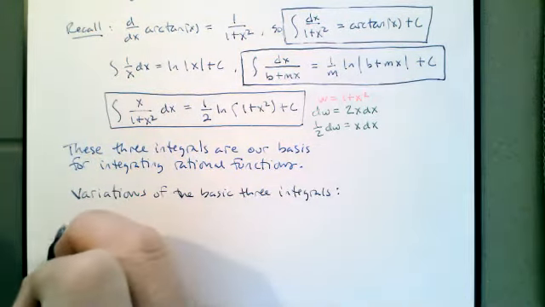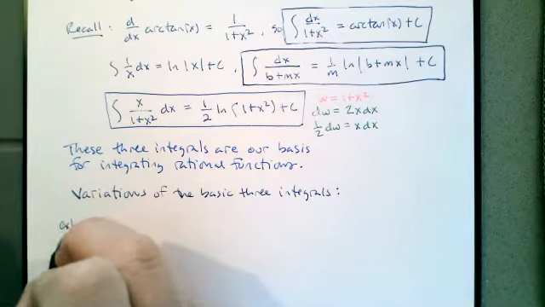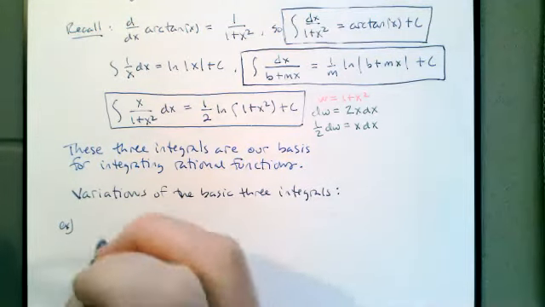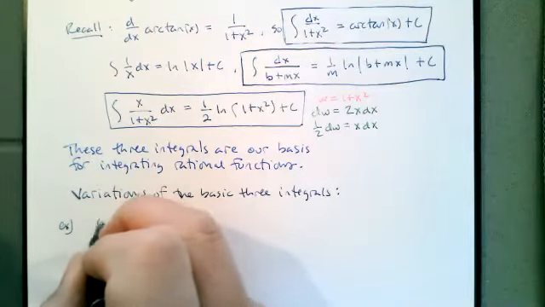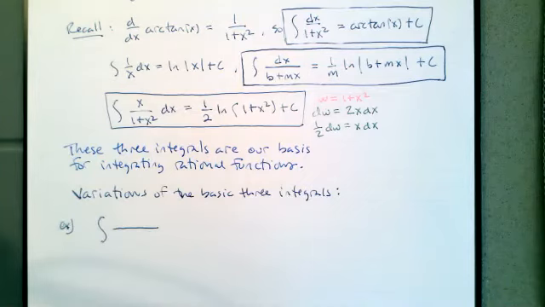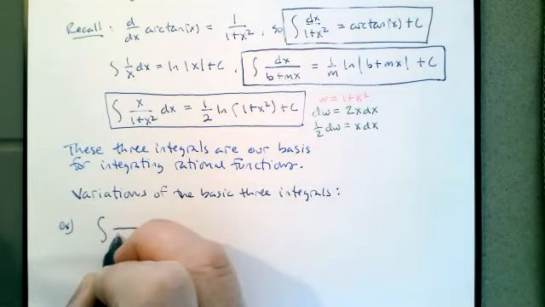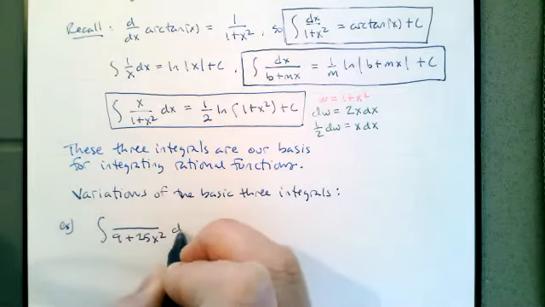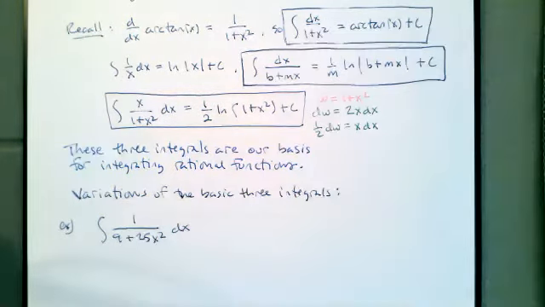We're going to start with the tangent, specifically something that will use the skill that we just learned, which is trigonometric substitution. So what if we have an integral of, instead of 1 plus x squared, let's suppose that we had something like 9 plus 25x squared dx. The core thing here is this is 1 over 1 plus x squared.